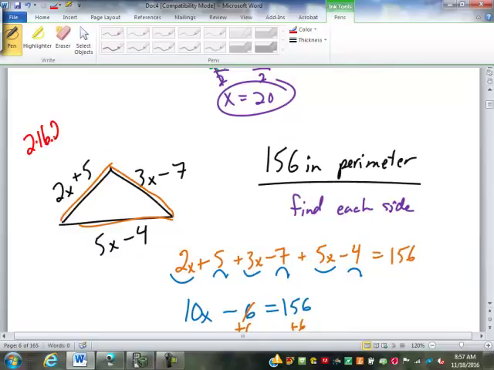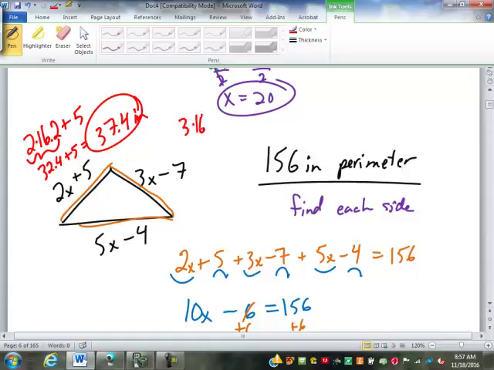I was asked to find each side, so I've got to bring that 16.2 up here. 2 times 16.2 plus 5. 2 times 16.2 is 32.4, plus 5 is 37.4. That's in inches because my perimeter is in inches. 3x becomes 3 times 16.2 minus 7. 3 times 16.2 is 48.6.